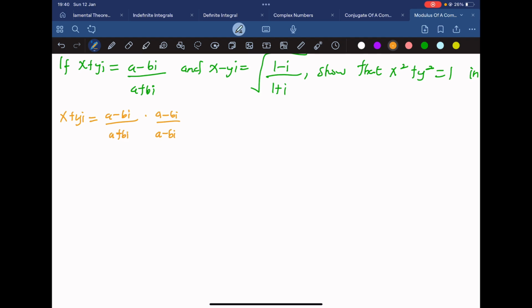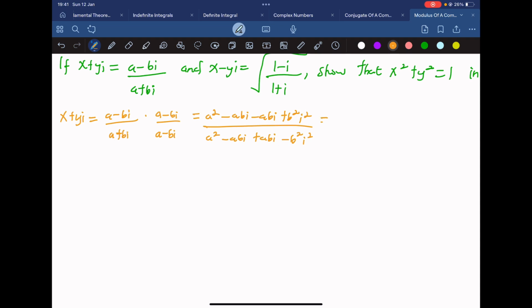So now if you simplify, you should get a squared minus abi minus abi, then plus b squared i squared. Then you divide by a squared minus abi plus abi minus b squared i squared.